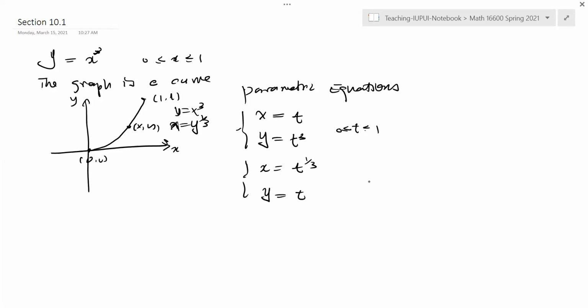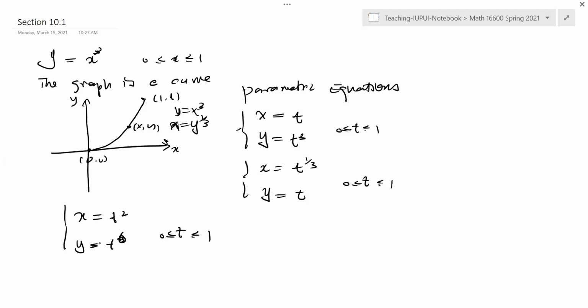That also gives you the relationship y equals x cubed. Is there any other possible way to describe it? Yes, you can let x be t squared. That's fine. Y equals t cubed, so t to the power 6. T is between 0 and 1.